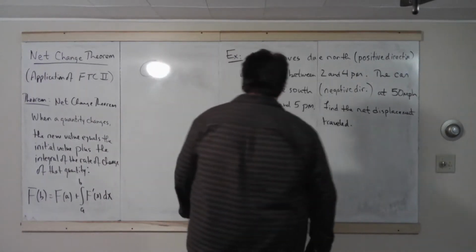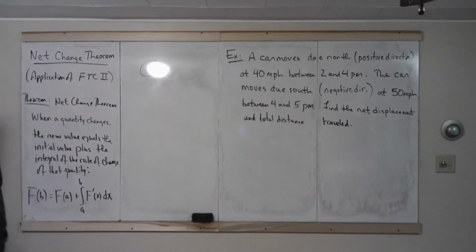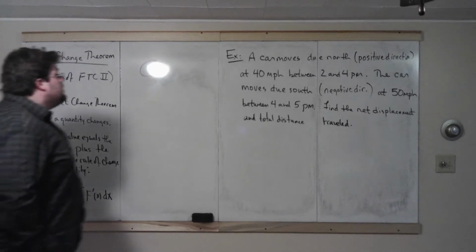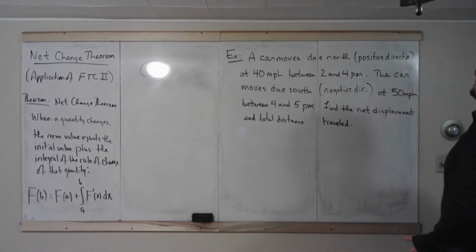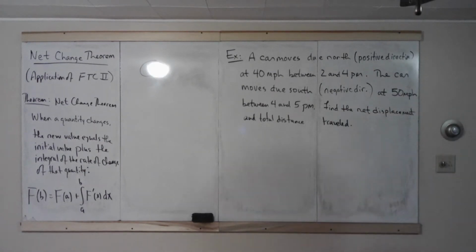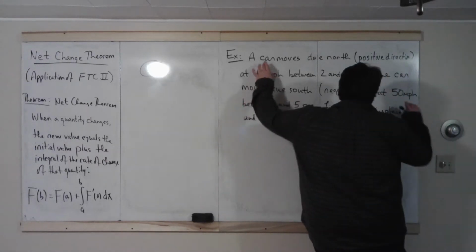Now, let's look at the statement of the net change theorem. When a quantity changes, the new value equals the initial value plus the integral of the rate of change of that quantity. Right here, position is changing. The car is moving, so position is changing. The new position equals the initial position plus the integral of the rate of change of position. Velocity is the rate of change of position. But notice here, we have two different velocities.